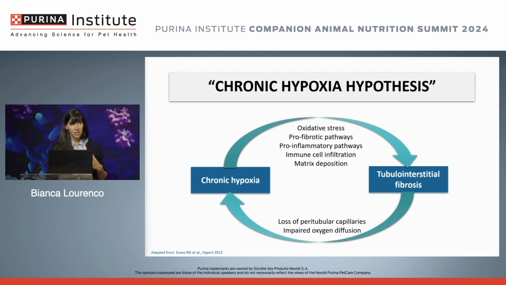And the thought is that chronic hypoxia then promotes oxidative stress, activation of pro-inflammatory and pro-fibrotic pathways, and immune cell infiltration and matrix deposition, therefore promoting tubulointerstitial fibrosis. And then the fibrosis disrupts your peritubular capillaries, increases oxygen diffusion distance, therefore promoting hypoxia. So we're stuck in this sort of vicious cycle.